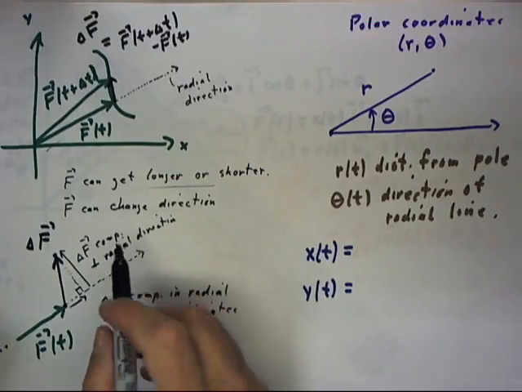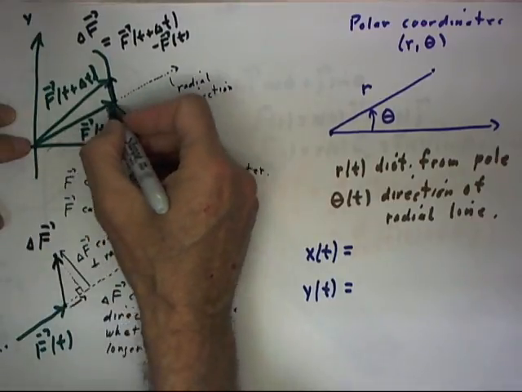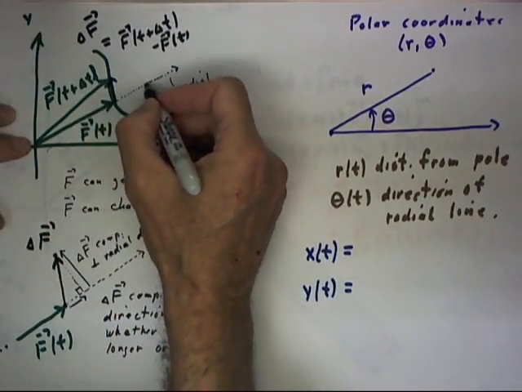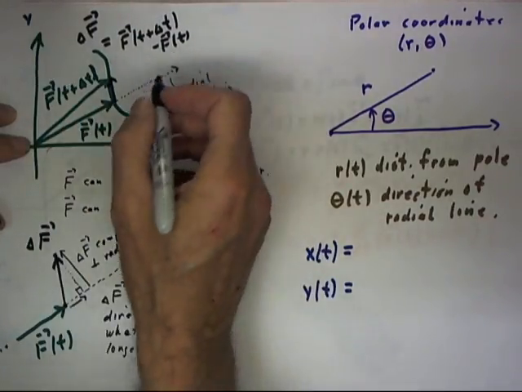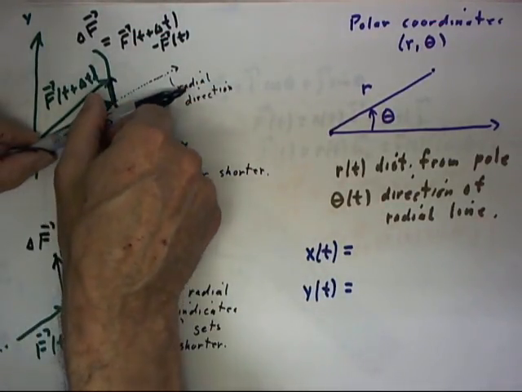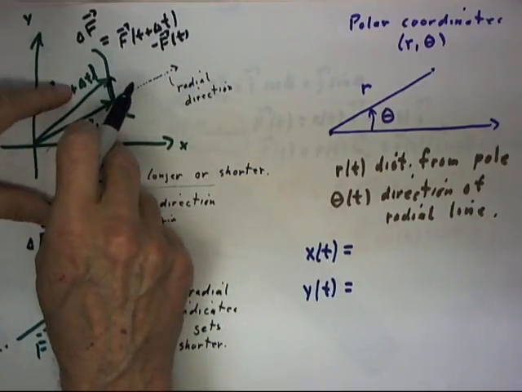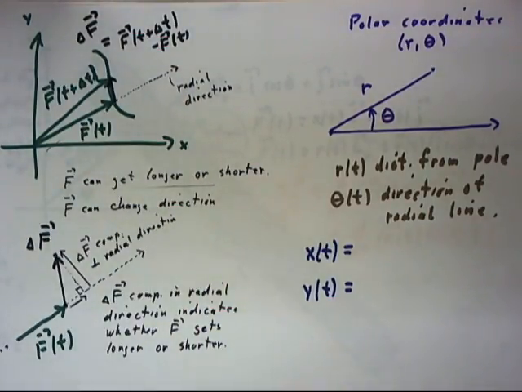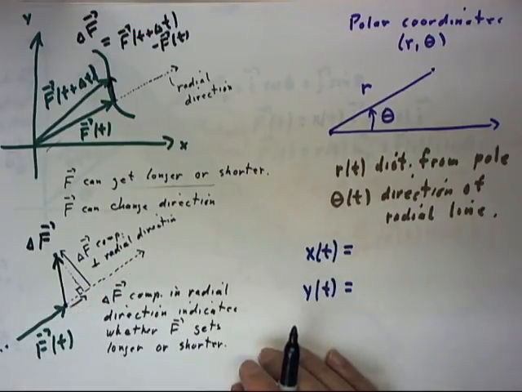If f didn't change direction, as could easily happen, we could have f of t and f of t plus delta t being another vector in the same direction, so that f of t changes only in the radial direction. However, if the angle changes between argument t and argument t plus delta t, then we're going to have a delta f component perpendicular to the radial direction.